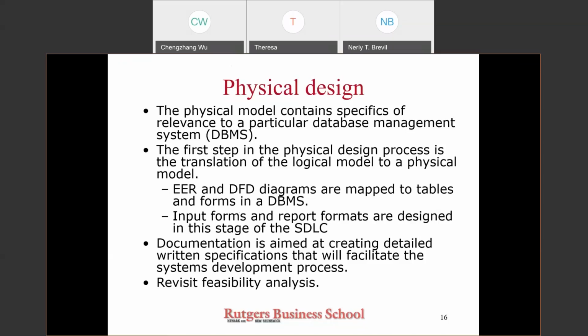Entity attributes map to fields on the table. The process of creating a detailed ER diagram and mapping an ER diagram to tables in a relational database will be discussed in the next chapter, the physical design chapter.